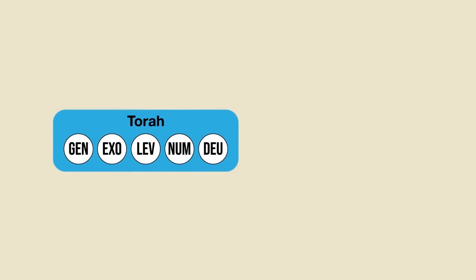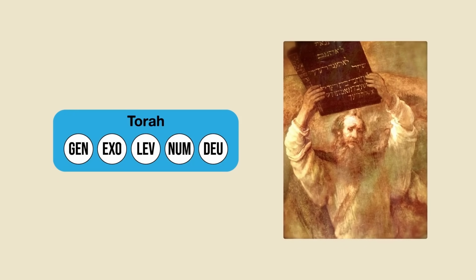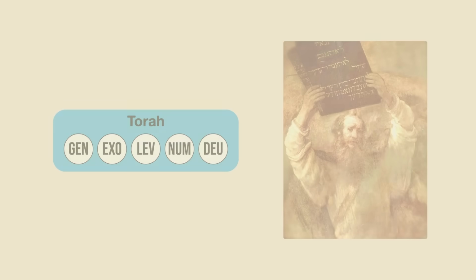So let's dive in. From a traditional point of view, the answer to the question, who wrote this part of the Bible, is easy. It was Moses. And for some Orthodox Jews and evangelical Christians, there is simply no questioning that. But for the majority of Jews today, like myself, as well as most Christians, the answer is not so simple.